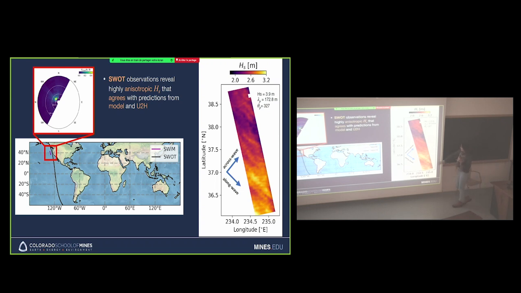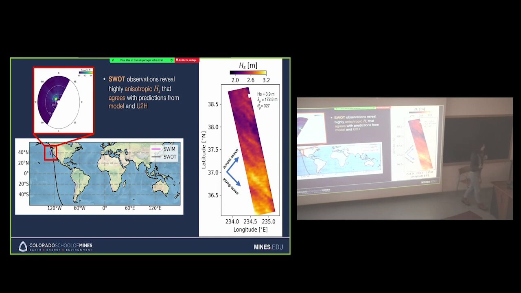The first thing that you see, and I'm not sure how well you see it in the projector, is that you have these streak-like features that are aligned with the direction of wave propagation, confirming that the significant wave height response is highly anisotropic.